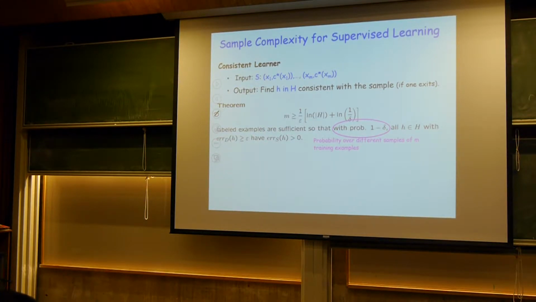So if we see so many training samples, then with high probability, all the bad hypotheses that could fool us, that have true error rate at least epsilon, will make at least one mistake over the sample.